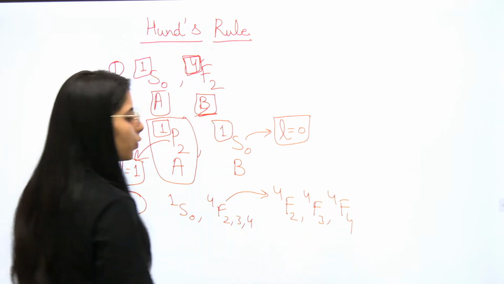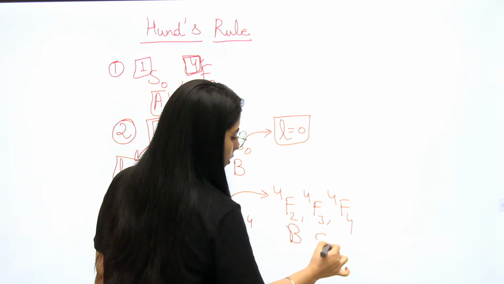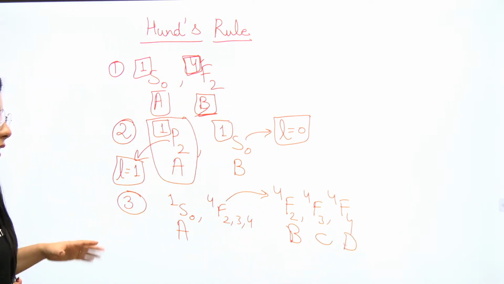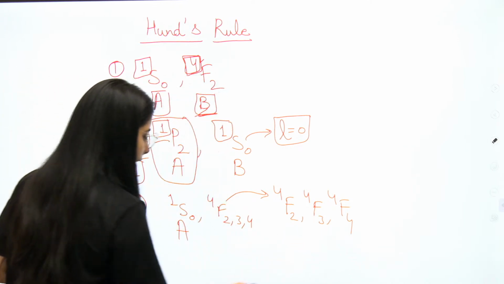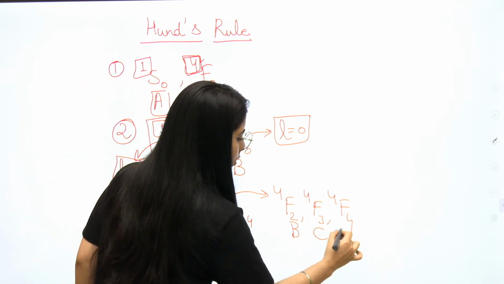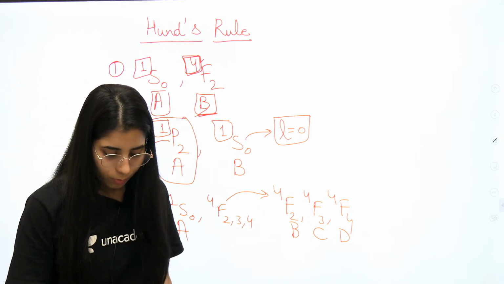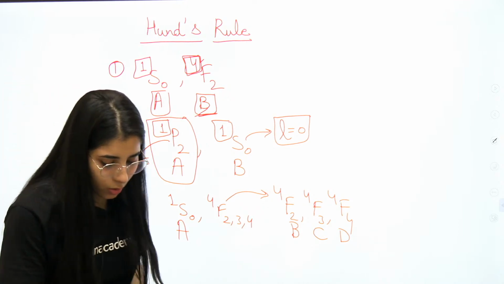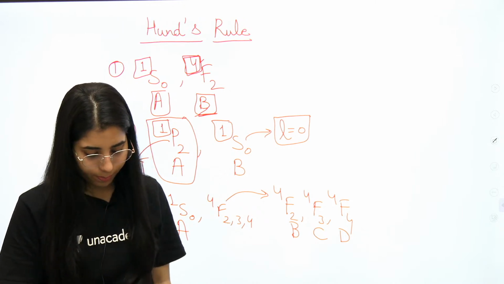Now you need to tell which of A, B, C or D is going to represent the ground state spectroscopic term.